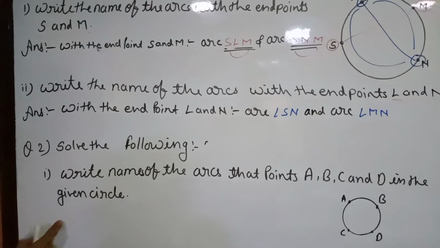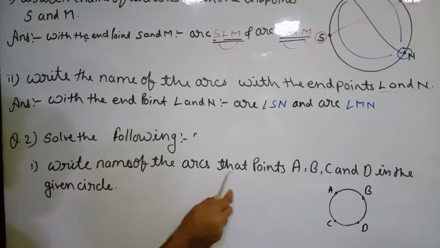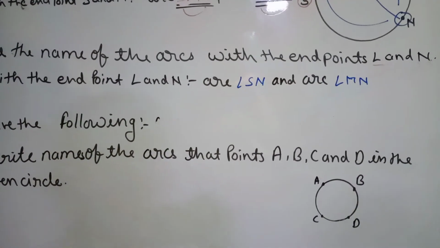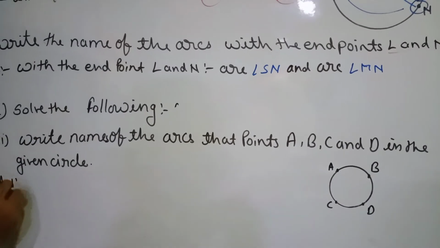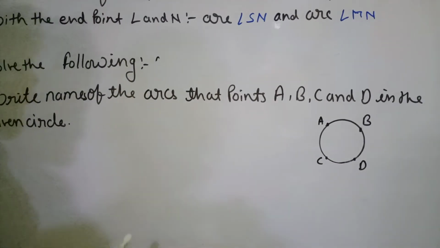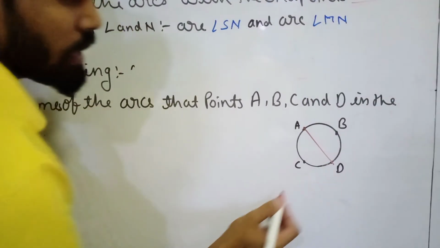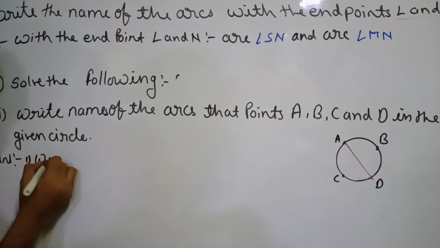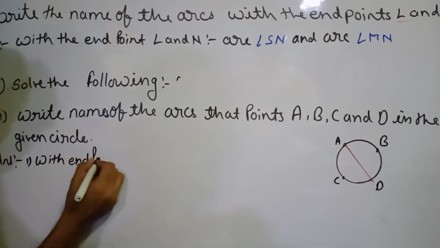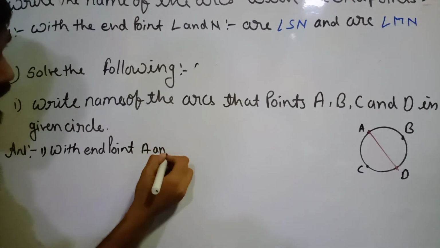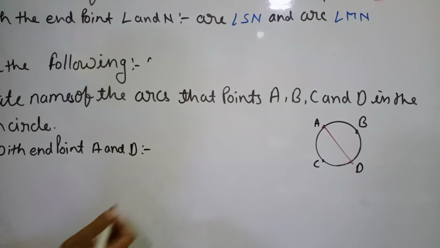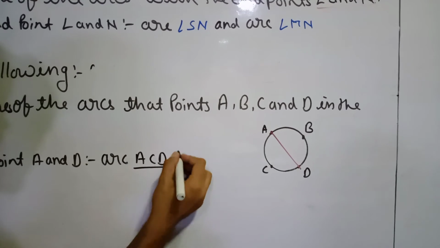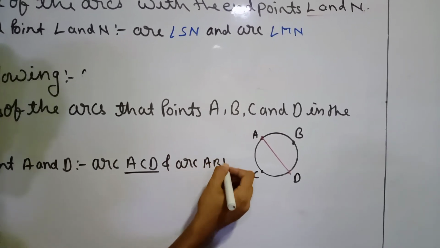The first one here, write the name of the arcs with points A, B, C, D in the given circle. Here we have the circle and now we have to write the names of the arcs. First we take endpoints A and D. Let's see. With endpoints A and D, the arcs are arc ACD and arc ABD.